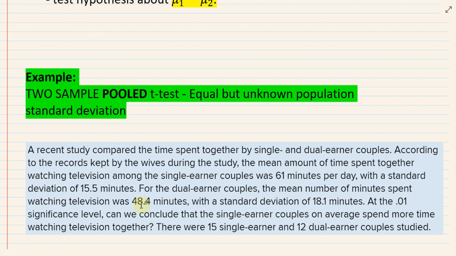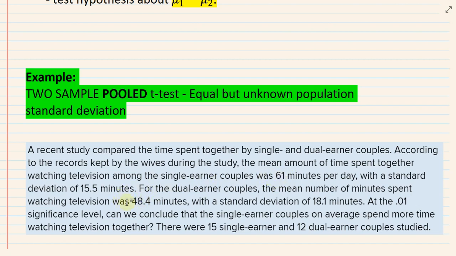At the 0.01 significance level, that is our alpha, can we conclude the single earner couples, on average, spend more time watching television together? There were 15 single earner and 12 dual earner couples studied. So again, from the onset, if you look at this, 61 minutes, let's call it an hour, versus 50 minutes.